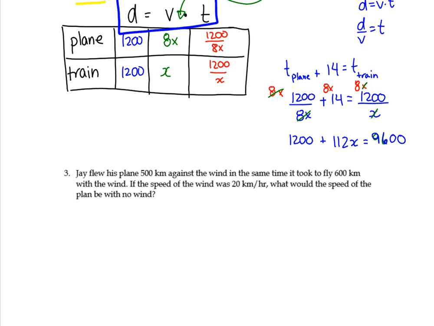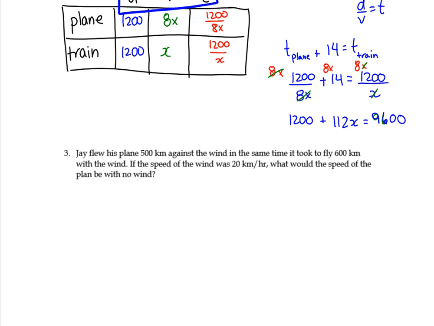Now, easy? Subtract 1,200, which equals 8,400, and then divide by 112. What does that give you? I'll wait till you get that. 75?